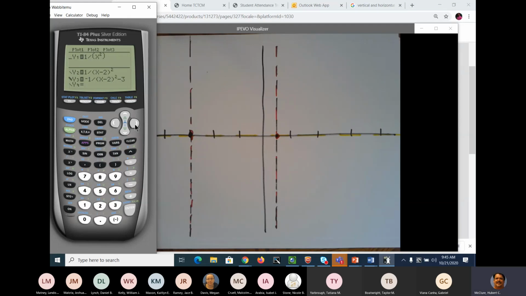Parentheses, x plus 1, close parentheses, divided by parentheses, 2x squared plus 5x minus 3, and graph. Let me get rid of the other ones. Delete.